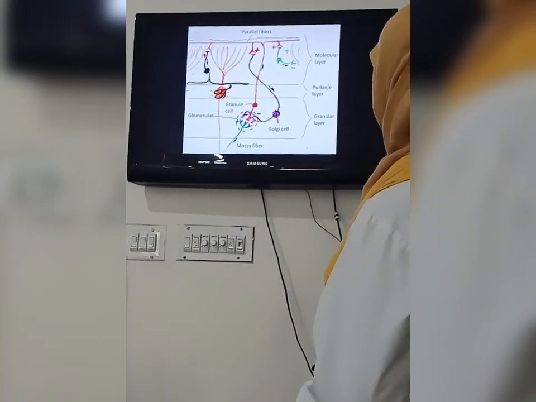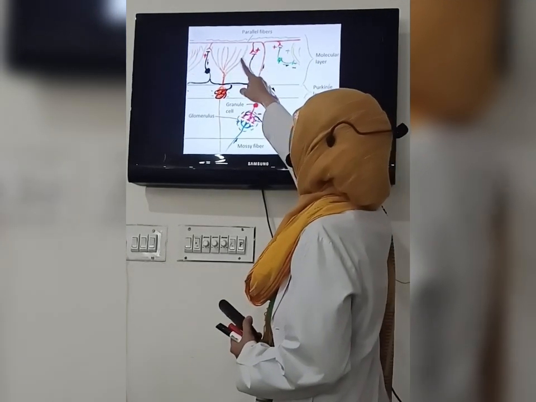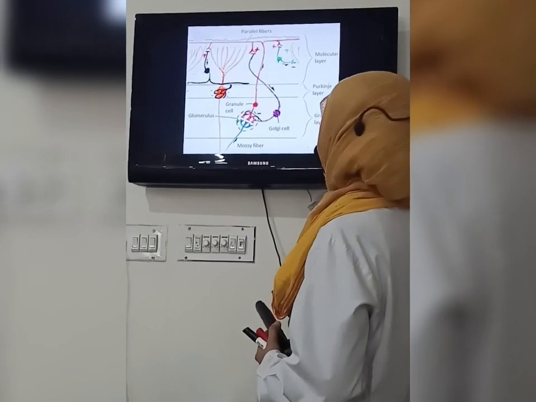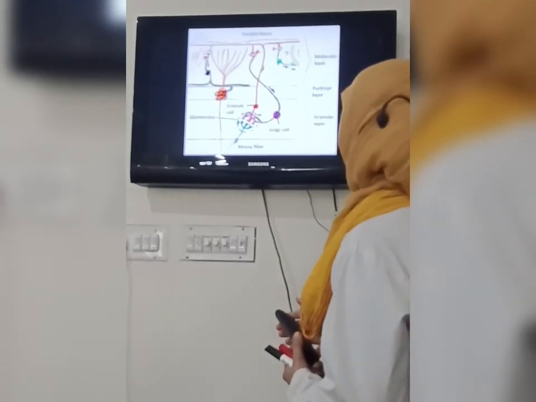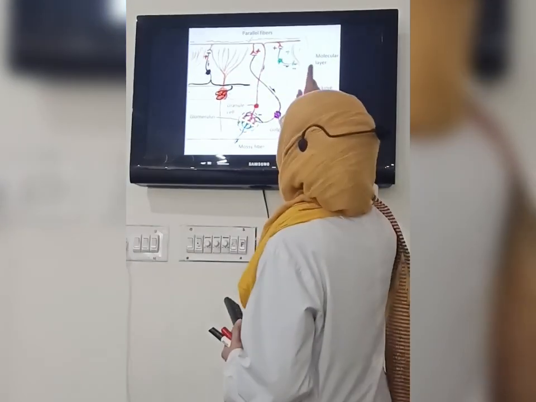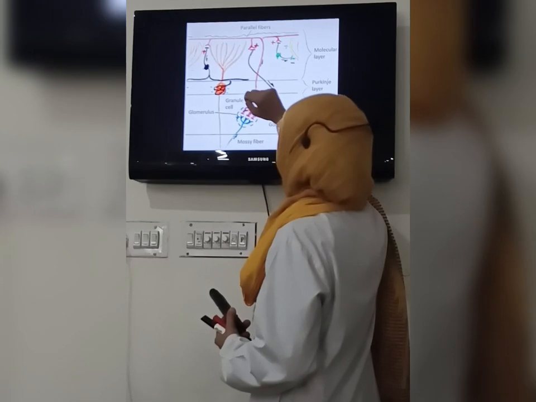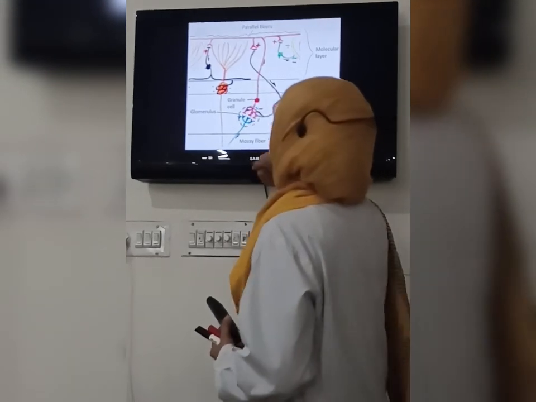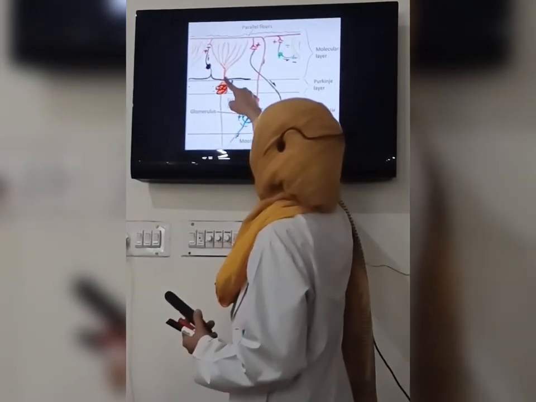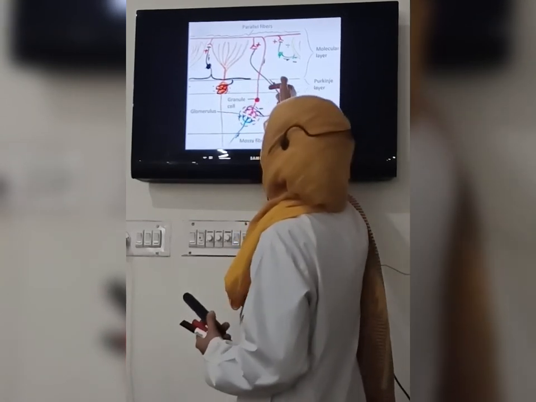Okay, this is the first layer. They have shown the molecular layer at the top. There is so much arborization, so many branching processes, and we may observe two types of cells here. One could be the basket, and the other would be the stellate. This should be the basket because its axons make a basket around the next layer, the Purkinje.